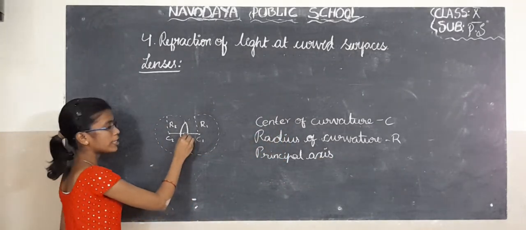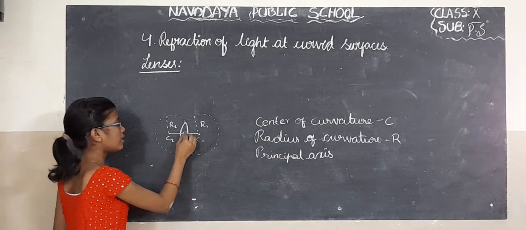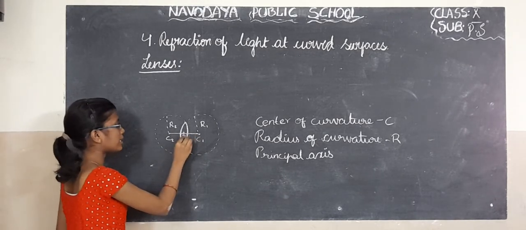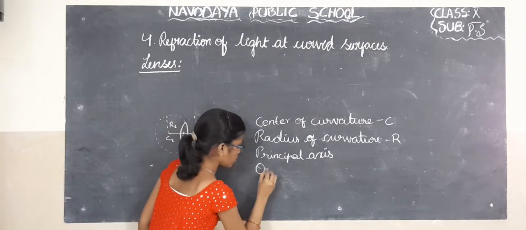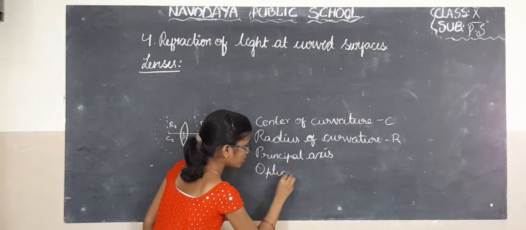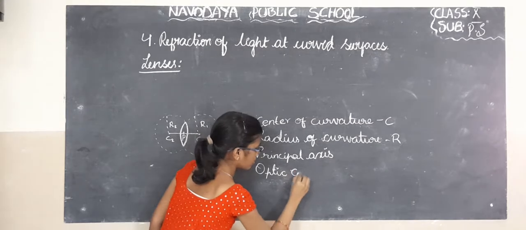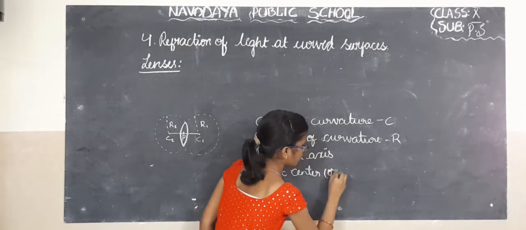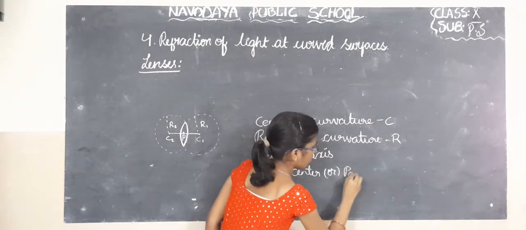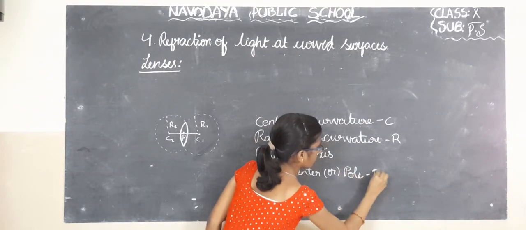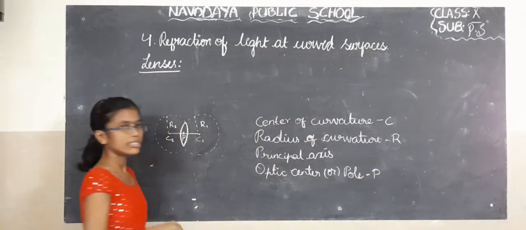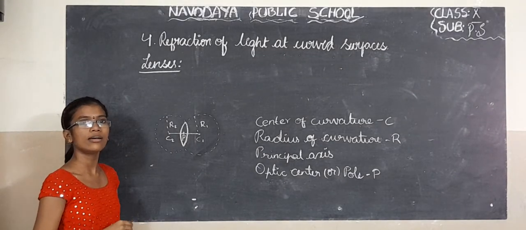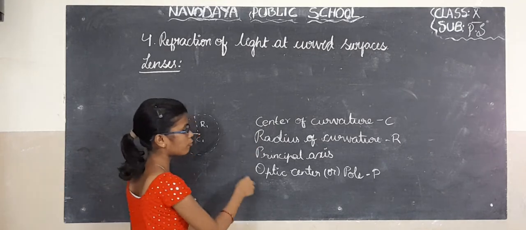And the center point of a thin lens is called optic center or pole, denoted by letter P. This is the terminology used in study of lenses. You should learn all these 4 words.